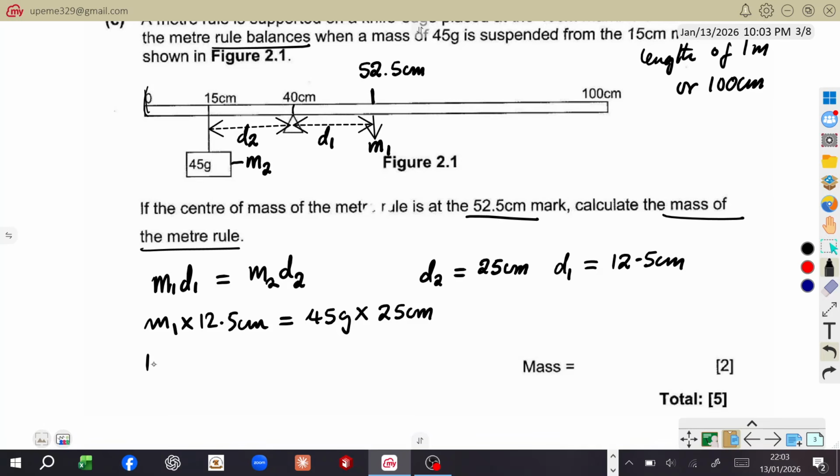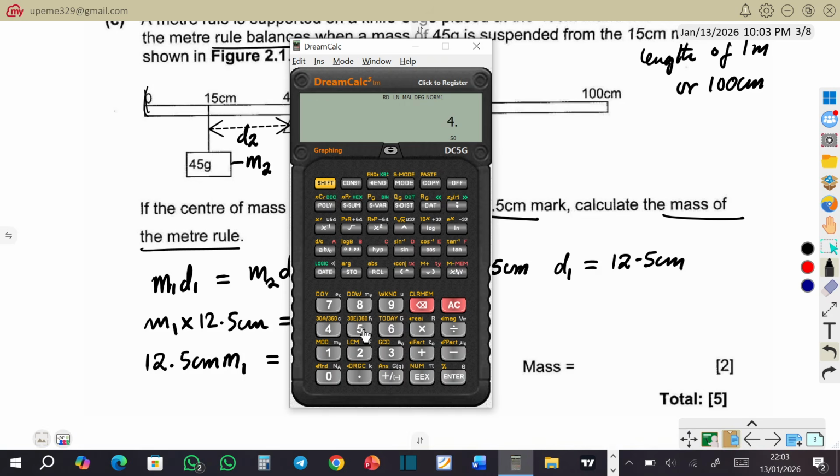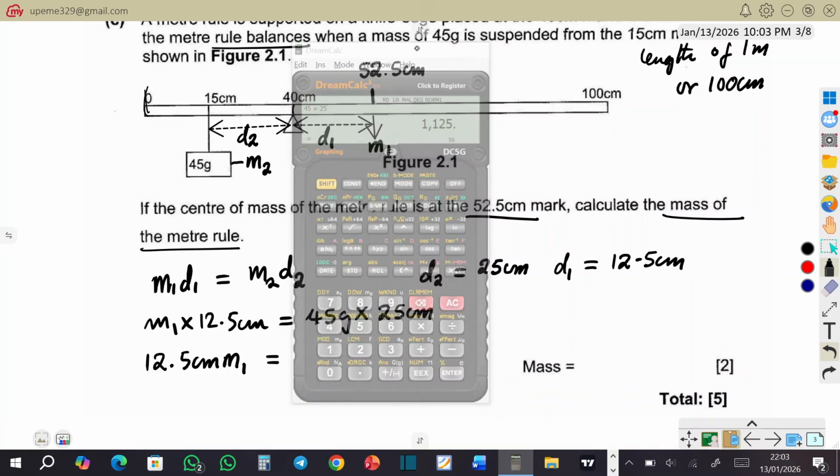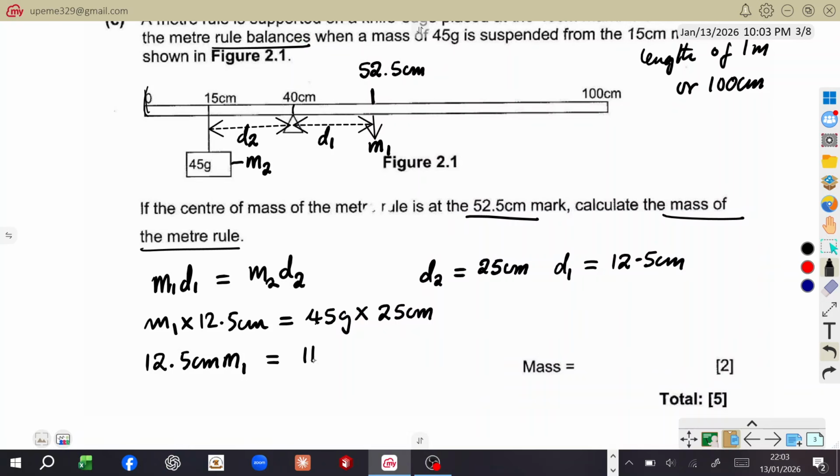What are we getting? We are getting 12.5 centimeters M1 equals, then we'll multiply 45 times 25. 45 times 25, we are getting 1125. So it will be 1125, then there will be grams, then centimeters. Here we are looking for M1. So to get rid of the rest, we'll say divided by 12.5 centimeters.